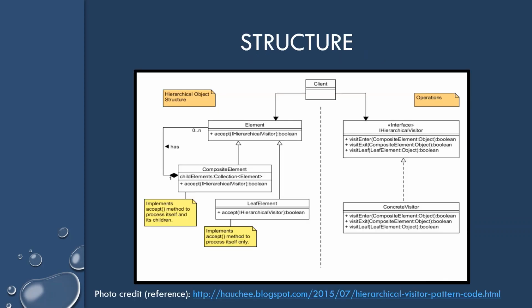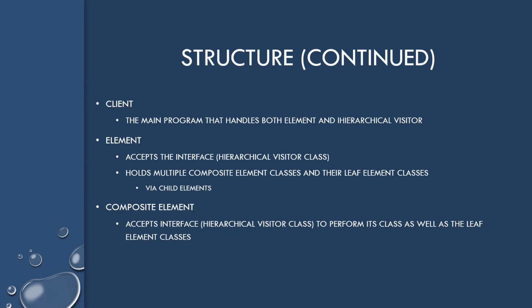Structure. This class diagram is based on the hotgblogspot.com. So this is based on their work. I will go over each of these classes in the coming slides. One of the classes we're going to go over is client, which is also known as the main program that handles both the element and hierarchical visitor classes.